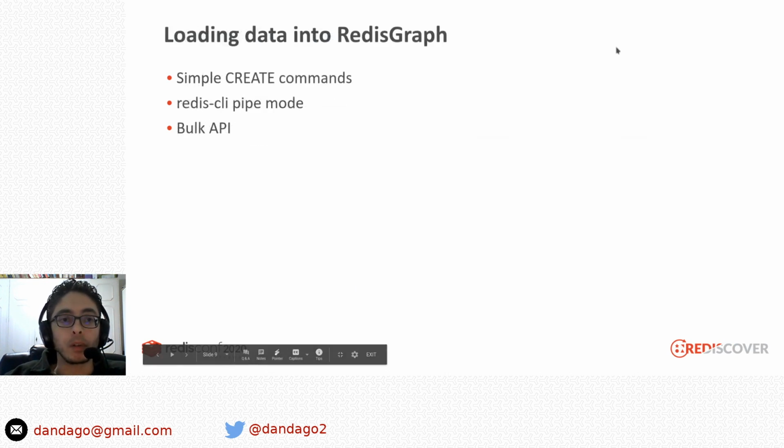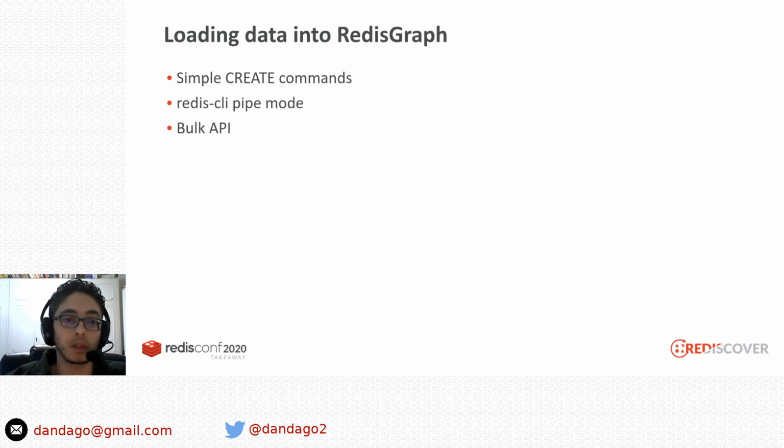Right, so how can we load data into RedisGraph? So one option we have just seen, it is to write Cypher queries using the create command. Doing this one by one, it can get a little bit tedious for bigger examples. So another option is to still use create commands, but pass them to Redis CLI using pipe mode, which we'll see very, very soon, instead of simply pasting them one by one.